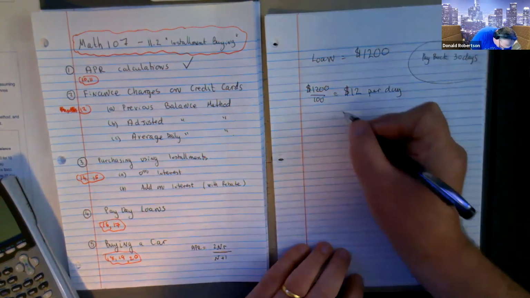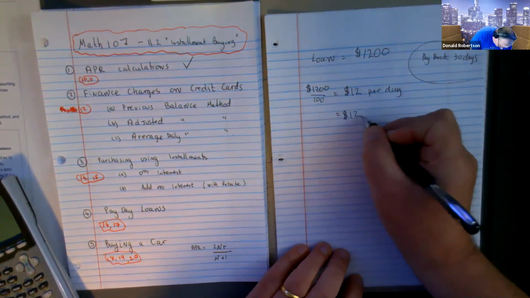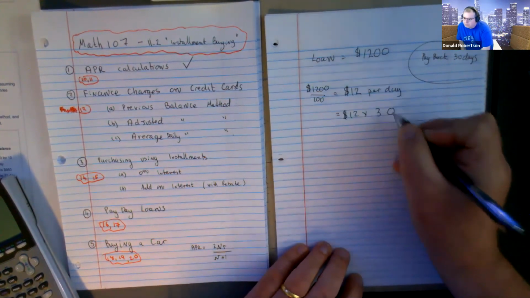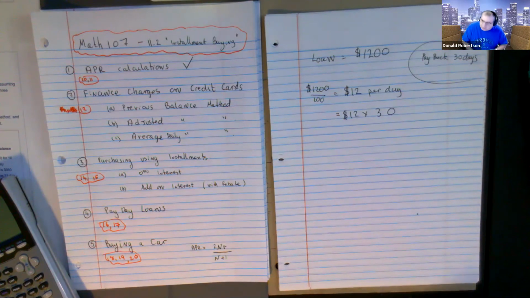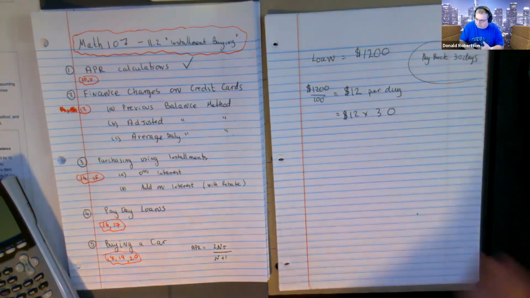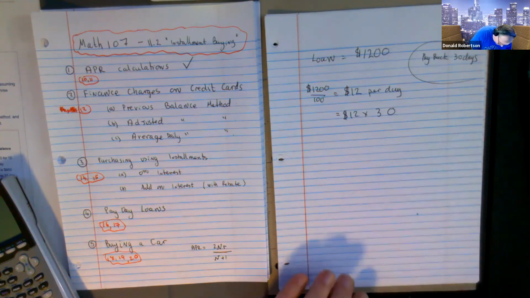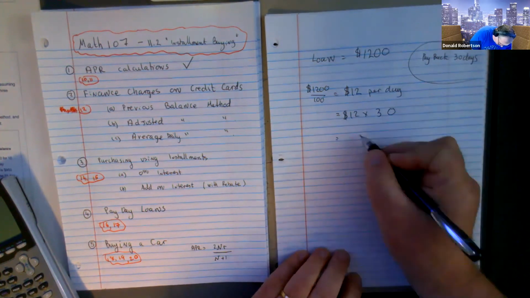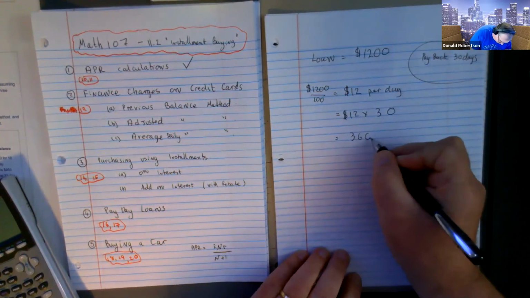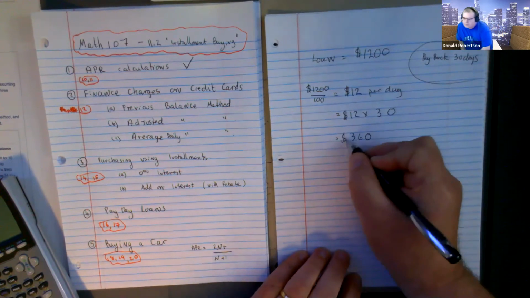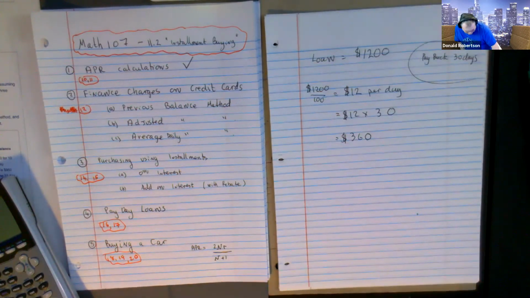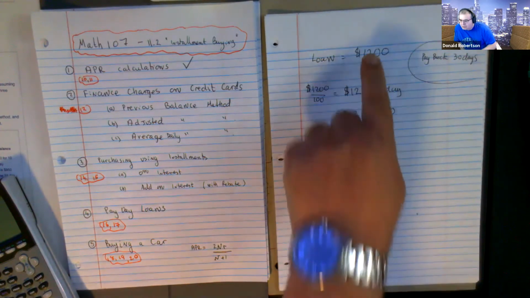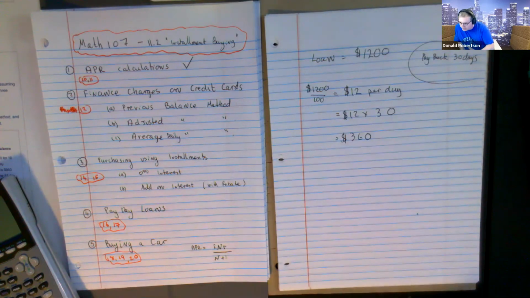Now that becomes 30 days. It's a long payday loan, and I'm deliberately making this one really ugly just to scare you a little bit. This one is now $360. So you only borrow $1,200, but you have to pay an extra $360 at the end of the month, the next month.